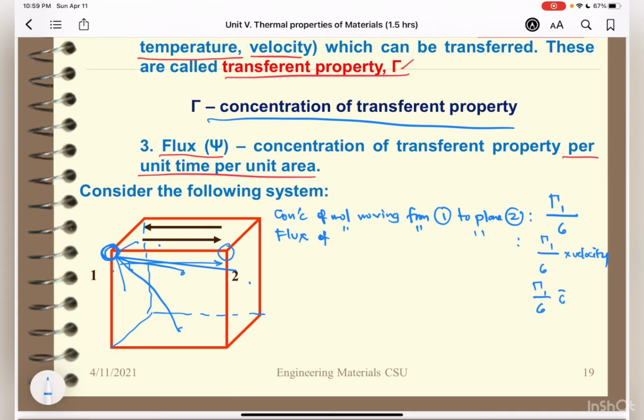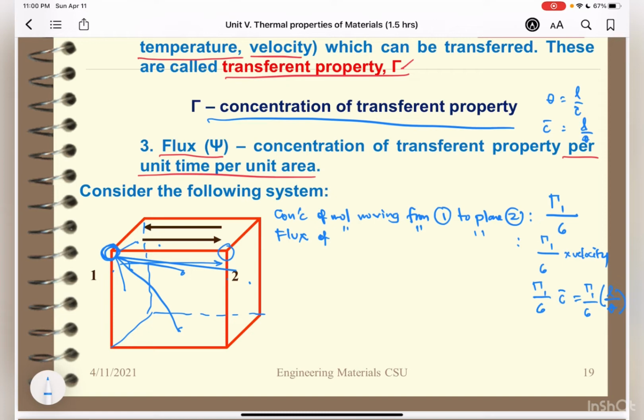But we said earlier, theta is L over c bar. Therefore, c bar could be L over theta. So that would be gamma 1 over 6 times L over theta. So that's the flux of the molecule moving from plane 1 to plane 2.